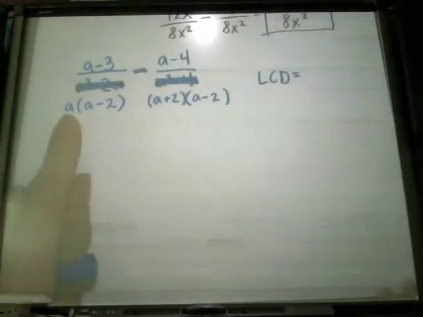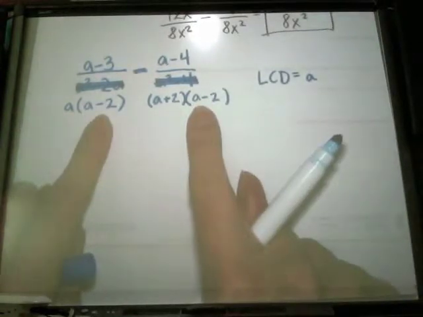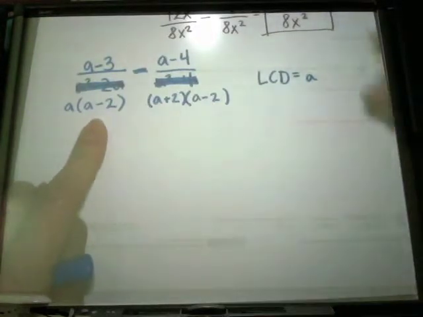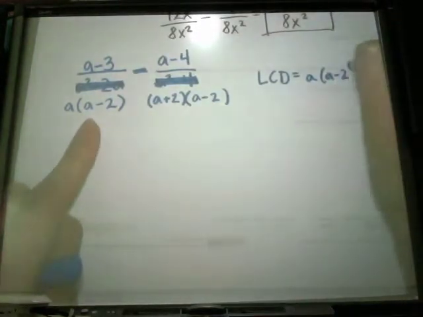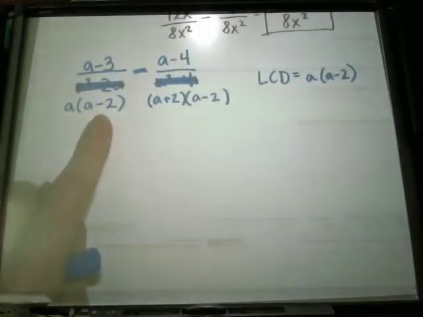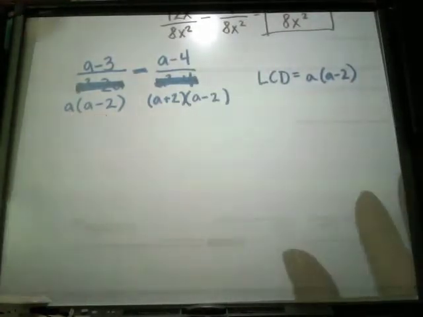We need every factor in our LCD. So I've got this little a, I need to use it. I've got an a minus 2. I've only got 1 in each, so I only need 1. The only time you need to square it or have more than 1 is if one of these has the same thing twice. Think back to the x squared up here.